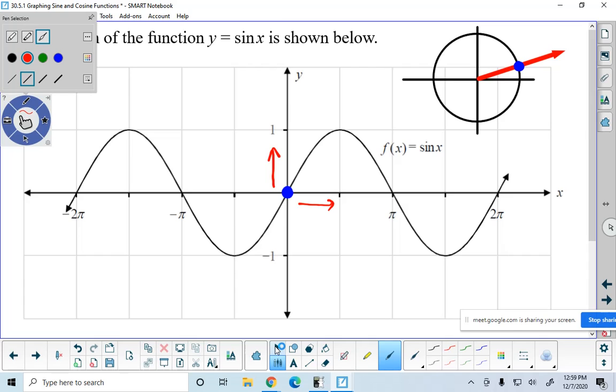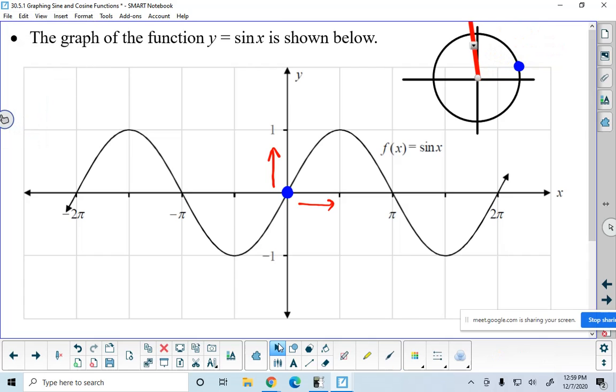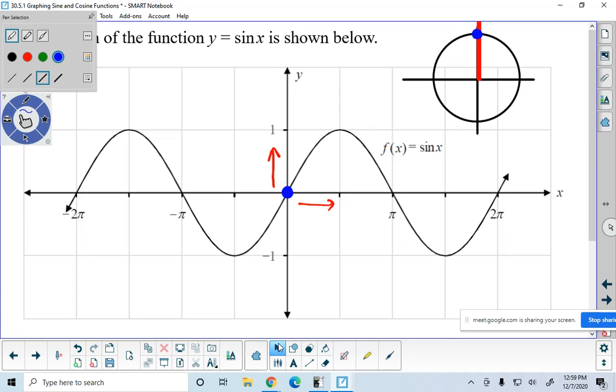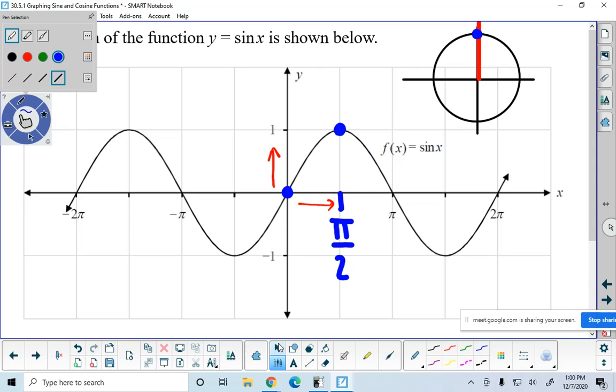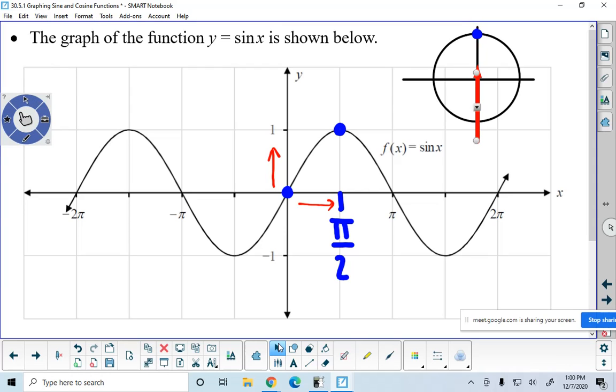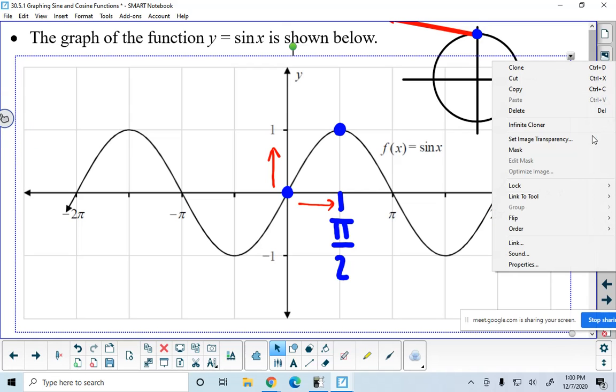And what happens is, when you finally get to pi over 2, the sine of pi over 2 is 1. And that's why when theta is pi over 2, the sine of theta is 1. And we continue to rotate around to show you what this thing is going to look like.